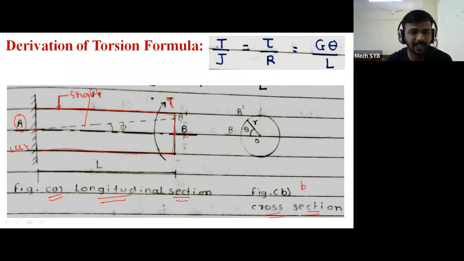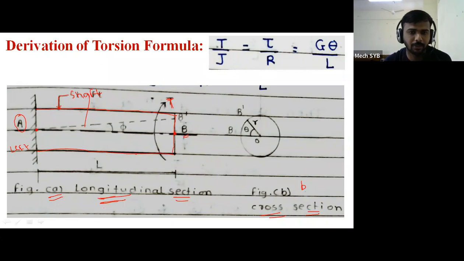Only one shaft is there, and that shaft is represented from the front side and the right side. The longitudinal section represents the front side of the shaft, and the circle in front of it represents the right side of that shaft.